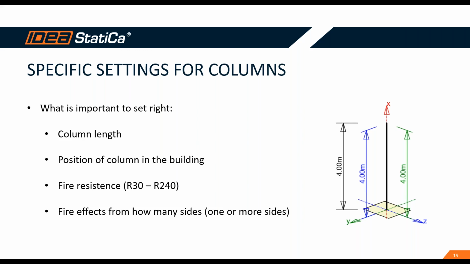Now we know that this letter R stands for the load-bearing capacity, because for columns we always have to maintain the load-bearing function of the structural member, even during a fire. And we also have to set if the fire affects from one side of the column or more sides.